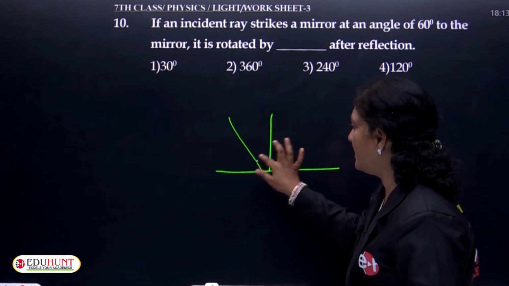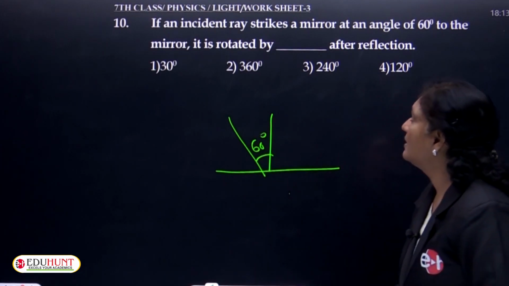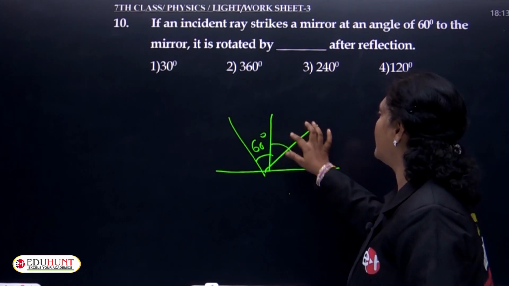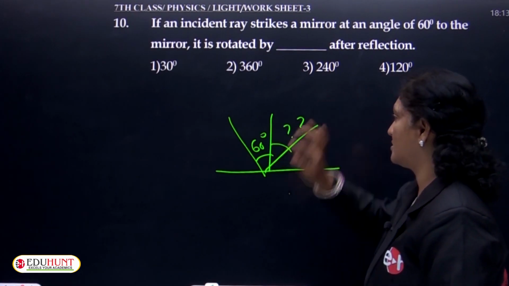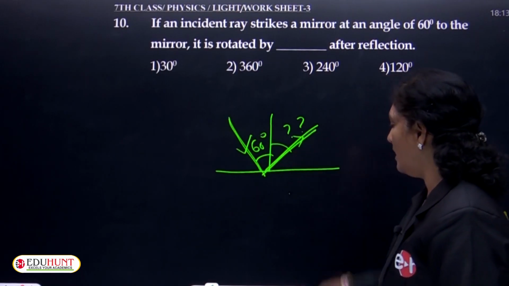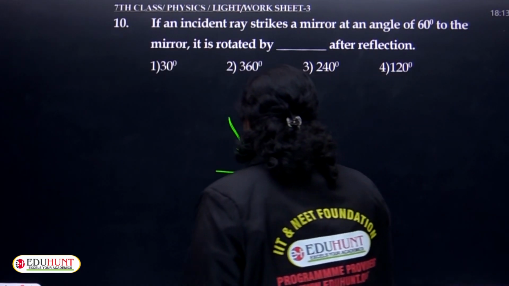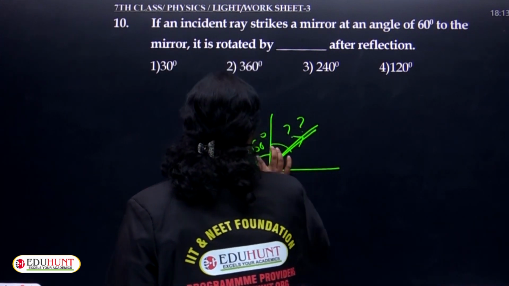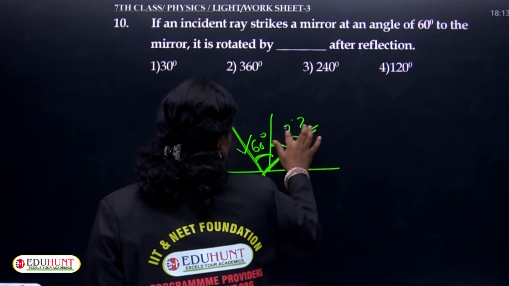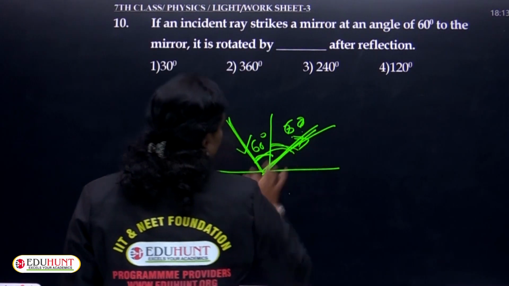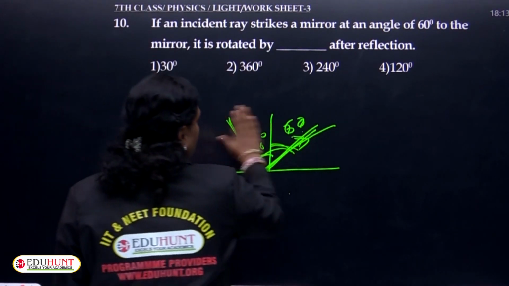The incident ray strikes the mirror at 60 degrees, then it is rotated by how much? So this will be the incident ray, this will be the reflected ray. So how much it is being deviated they are asking. This part is 60 and this is totally 60. Hence, the incident ray turns by a total angle of 120 degrees.